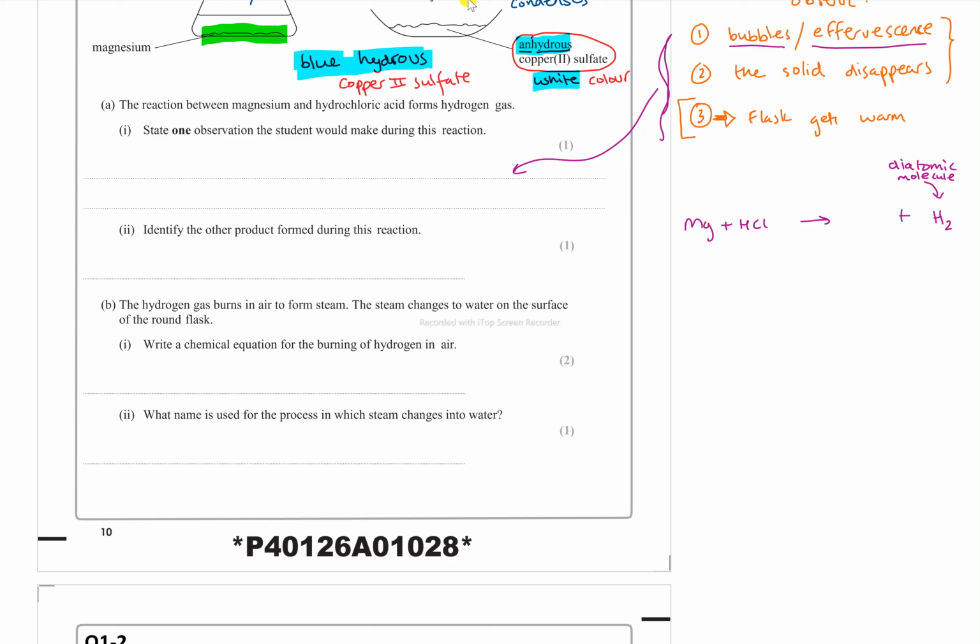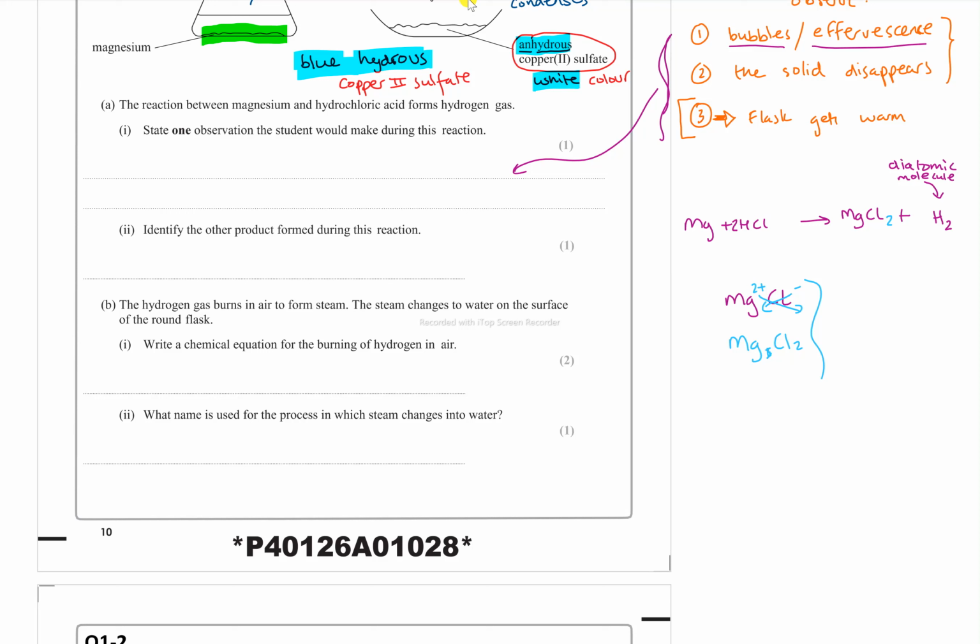Now I've got to balance this up. Put 2 there. You've got MgCl. Right, I'm going to come here. MgCl. Right, magnesium forms a +2 ion, chlorine forms a -1 ion. Because they're not the same, you cross over. So it becomes Mg1Cl2, but we do not need the 1. So it's going to be MgCl2.